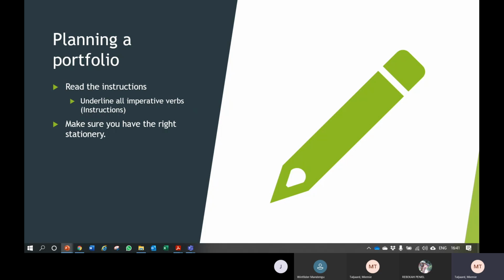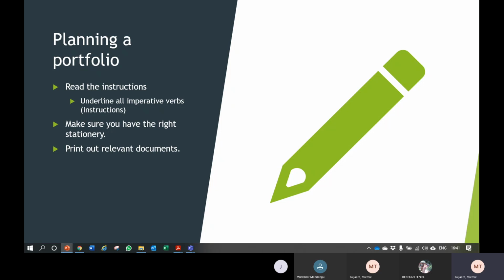Make sure you have the right stationery. I see they give you quite a definite instruction to put it in a file with dividers. If that's what they want, it's part of your professional attitude to follow that instruction.